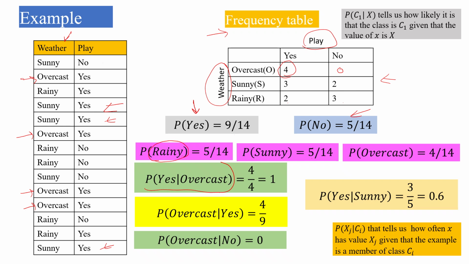Now this conditional probability that the value of weather is overcast and the class is yes. So how do we find it? The value is overcast and the class is yes.